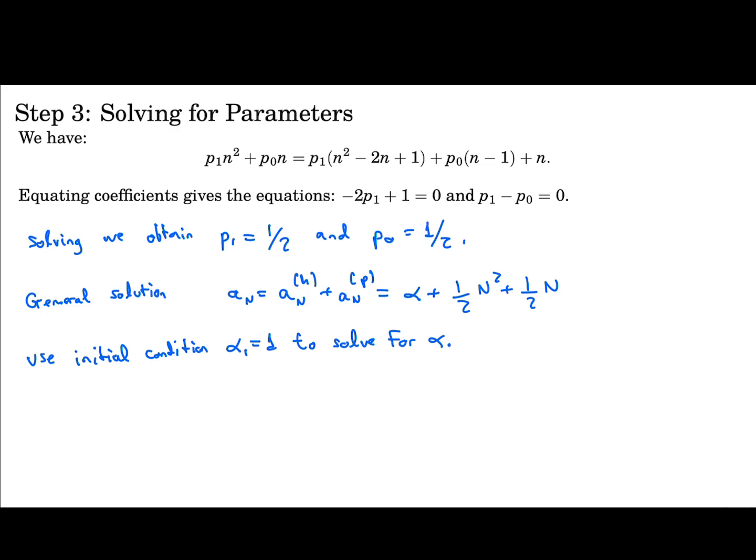When you replace a_1, we know that a_1 is equal to 1, so you're going to get 1 equal to alpha plus half times 1 squared plus half times 1. And this implies alpha equal to 0.